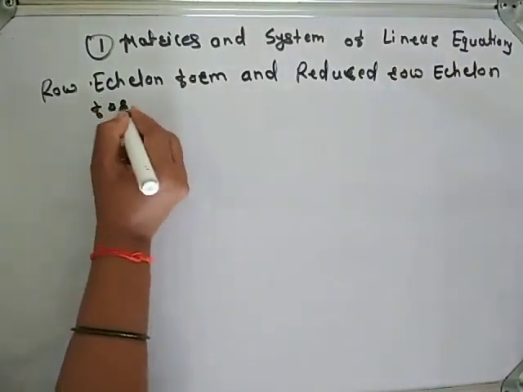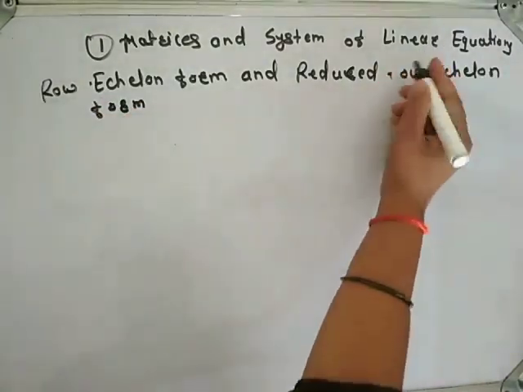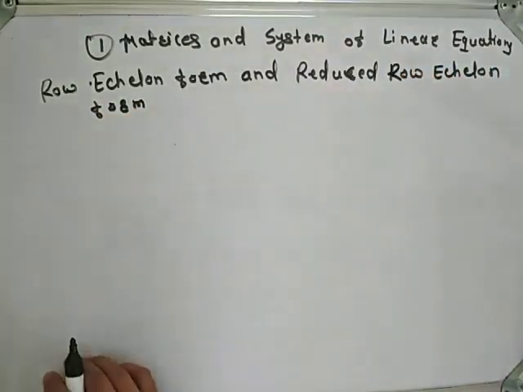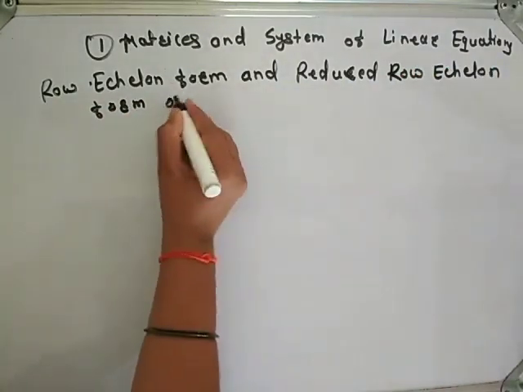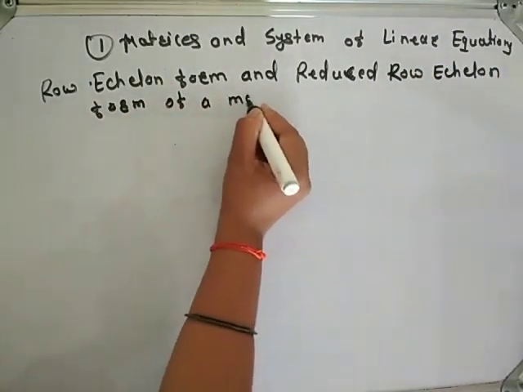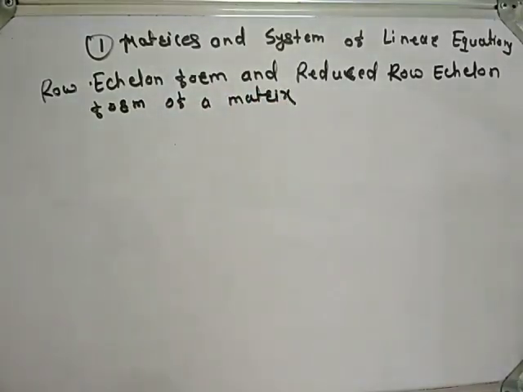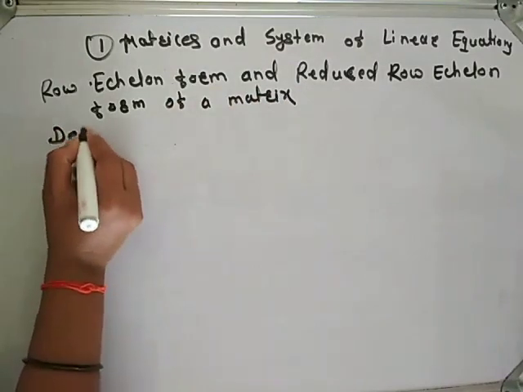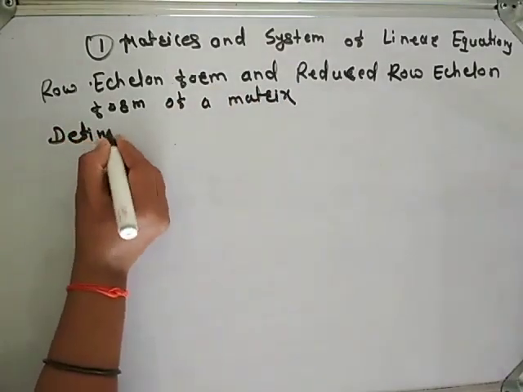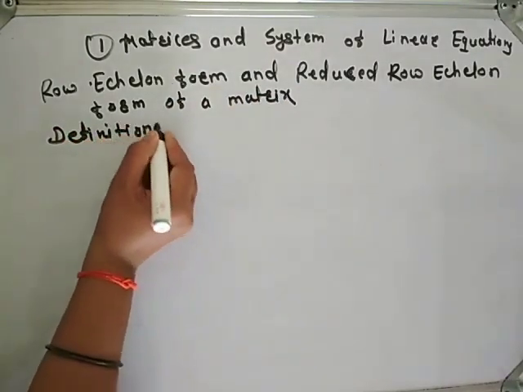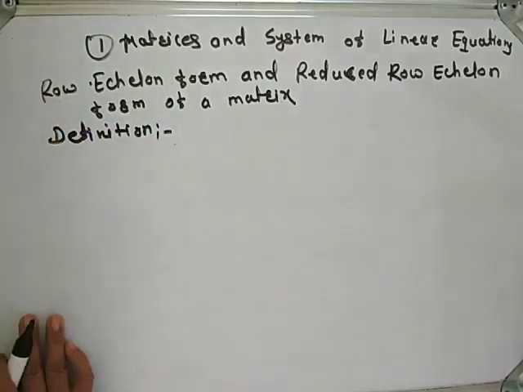Sorry, this R is capital. Echelon form of a matrix. Echelon form and reduced row echelon form of a matrix. Definition. This is a topic.